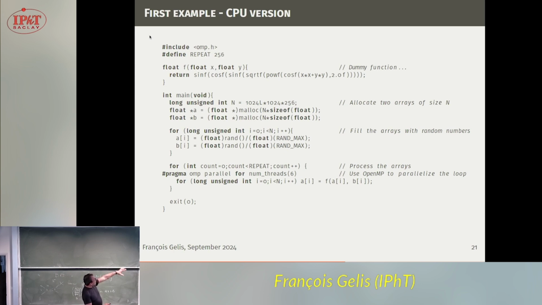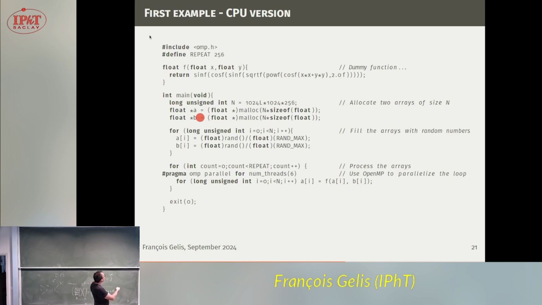So first of all, I will explain this example, what it does and what are the main steps. This is a CPU version of this little program. It's a program that does nothing useful. It's just for testing. So let me explain what it does.